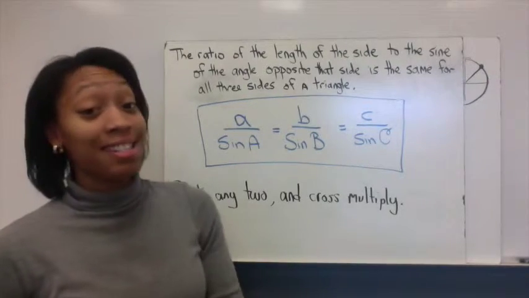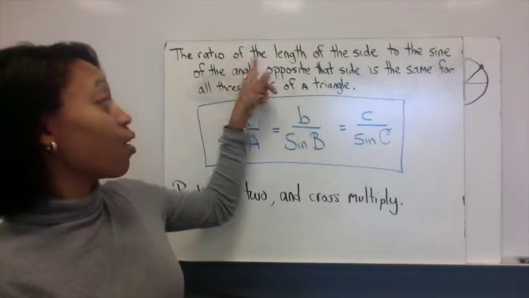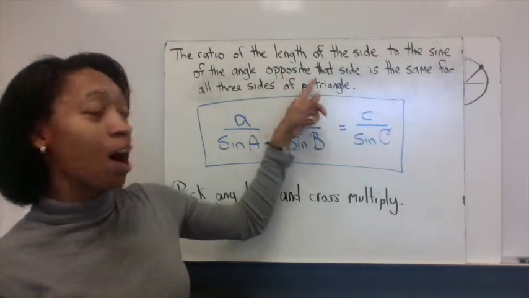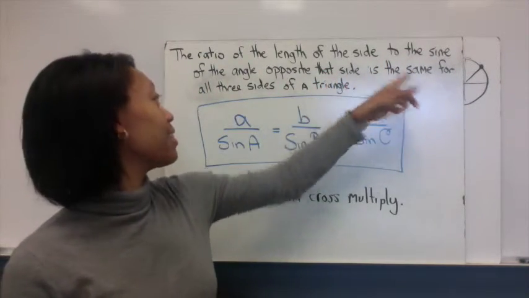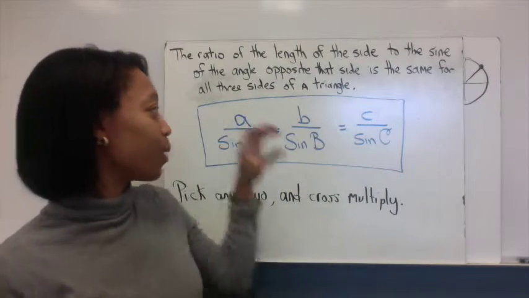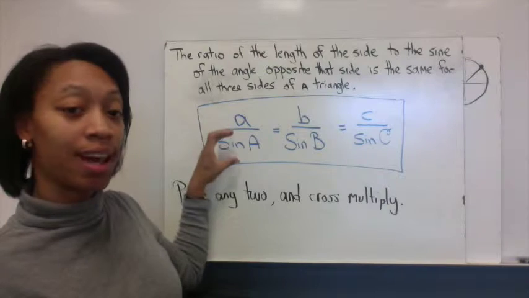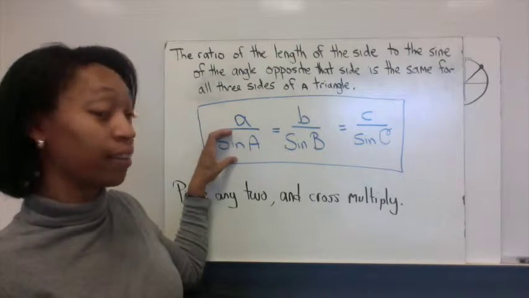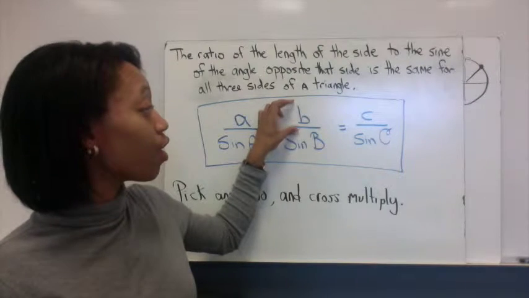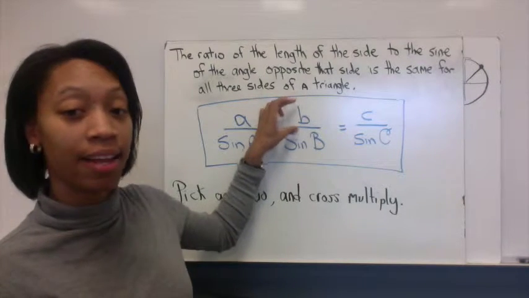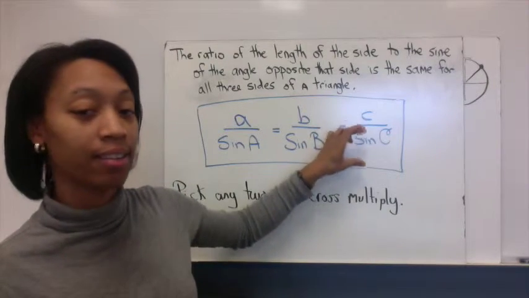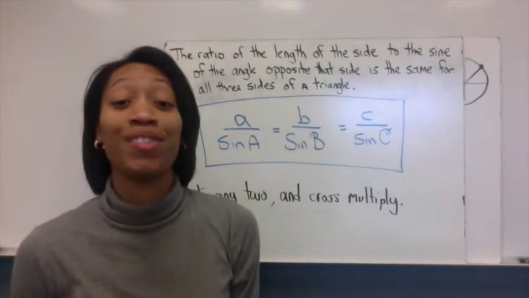The law of sines says that the ratio of the length of the side to the sine of the angle opposite that side is the same for all three sides of a triangle. So if we have a side and the sine of the angle opposite that side, that ratio is equal to the ratio of another side over its sine, or we could use the third side and its sine. So that is the law of sines.